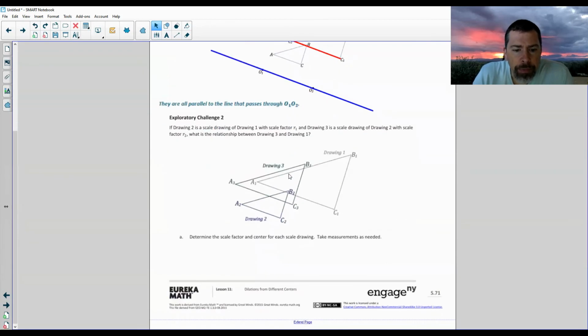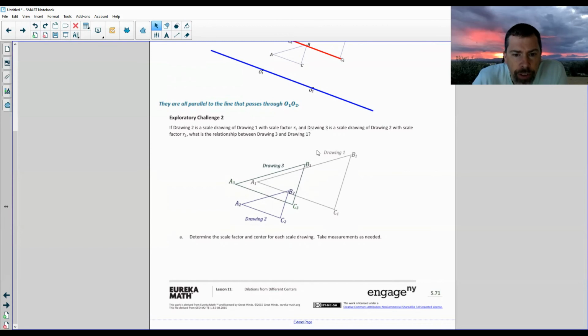Okay. Exploratory challenge 2. If drawing 2 is a scale drawing of drawing 1, this one's drawing 2. Drawing 1's this big gray one, so it's a scale factor of less than 1. R sub 1 is the scale factor and it's a fraction.